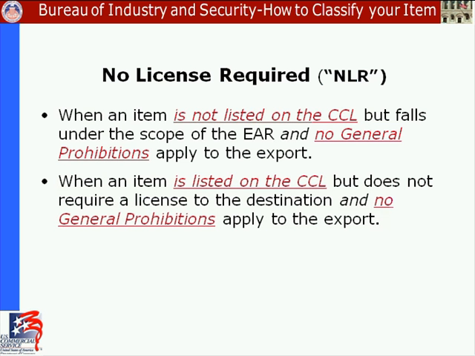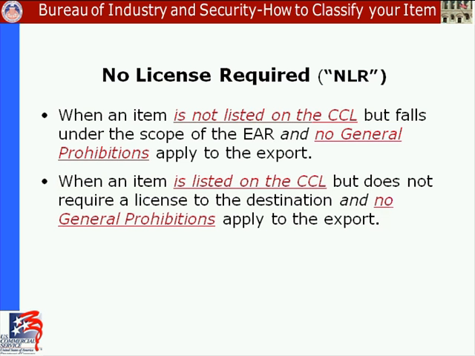There are 2 situations of no license required. One situation is because your item is not listed in our Commerce Control List. That means your item is not listed, but under our jurisdiction. That means your item is EAR99.